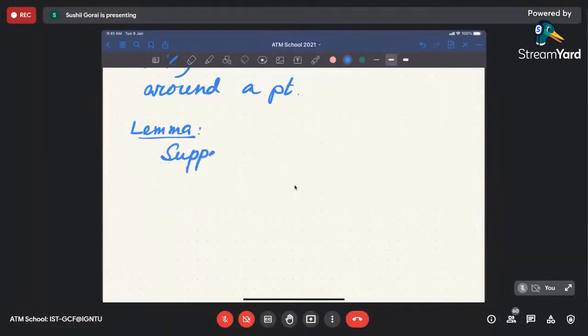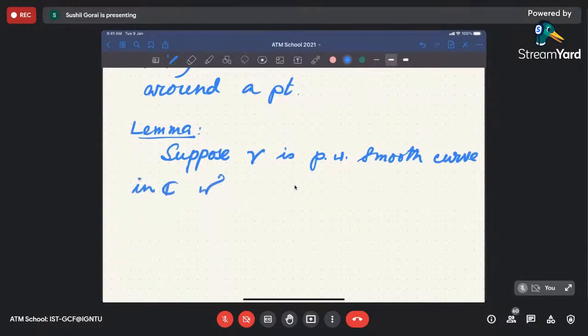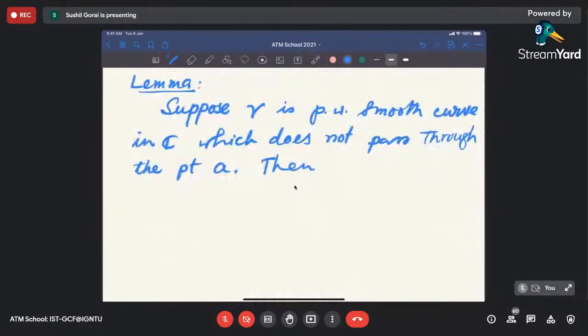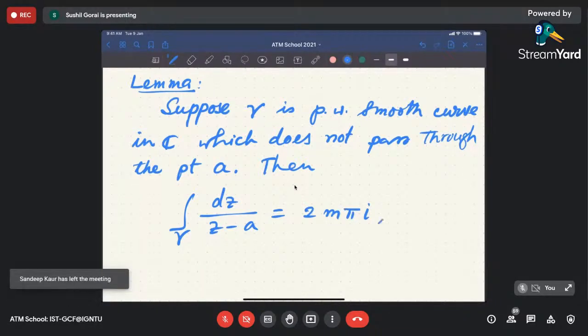Suppose gamma is a piecewise smooth curve in C which does not pass through the point, let's say the point A, then integration over gamma dz by z minus A is equal to 2 m pi i for some m in Z.